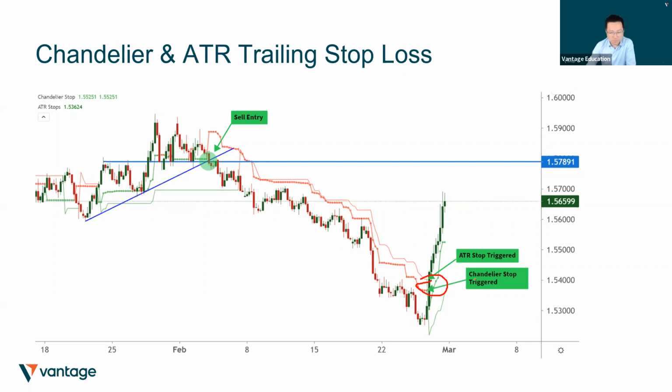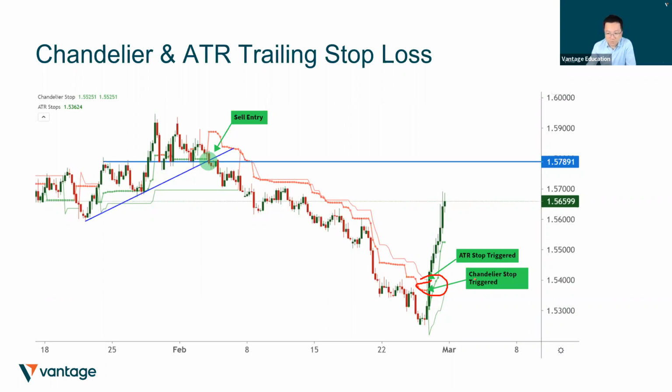Okay, so the main thing here is to know when to apply a trailing stop. As you see price moving down, you have your take profit, and you want to move it lower, or you have a big take profit towards the downside. As it breaks levels, you want to move your stop loss lower.